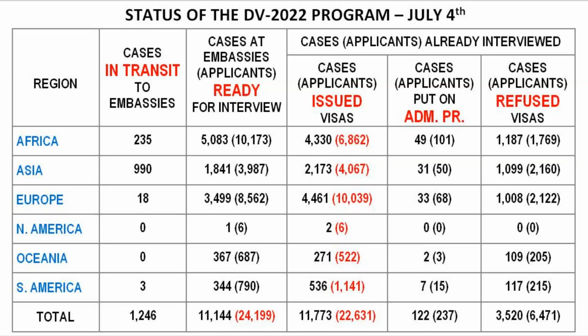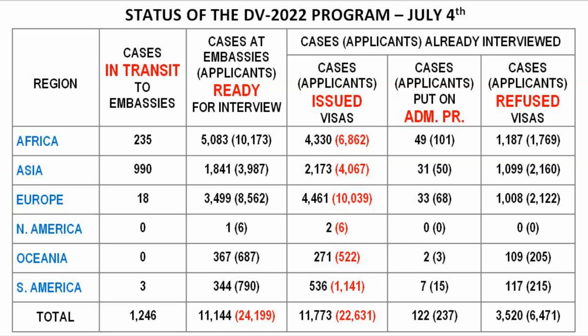We have Asia in third position with 4,067 visas that have been issued. The South America region comes next with 1,141, followed by Oceania 522, and as usual, the North America region, that is the smallest region, has received only 6 visas so far in the DV 2022 program.